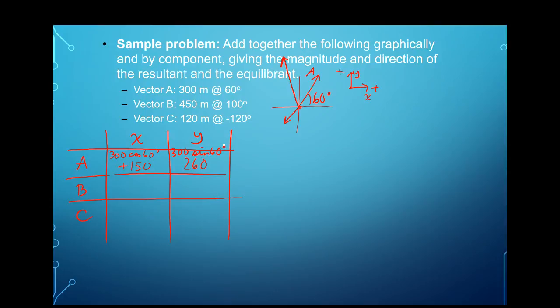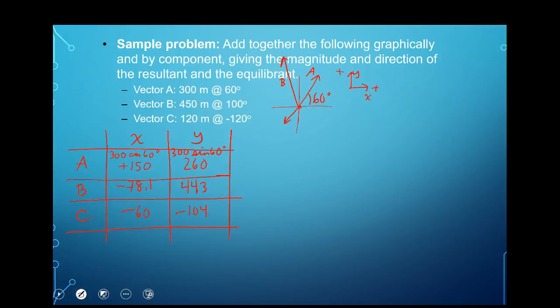Similarly for vector B, we're going to get negative 78.1 and 443 for y. And for vector C, we're going to get negative 60 and negative 104.